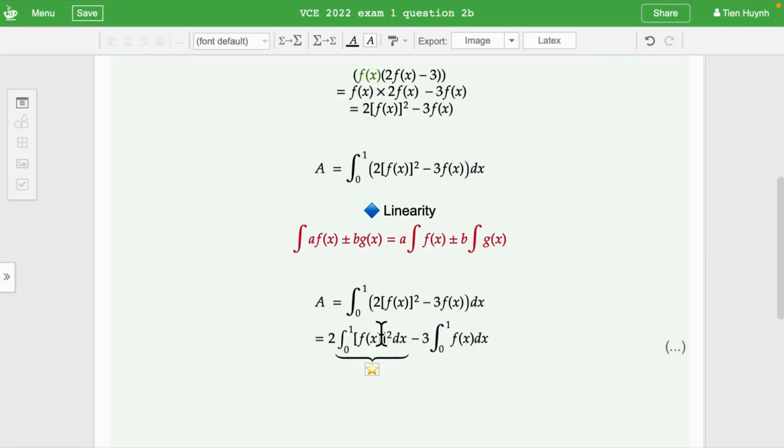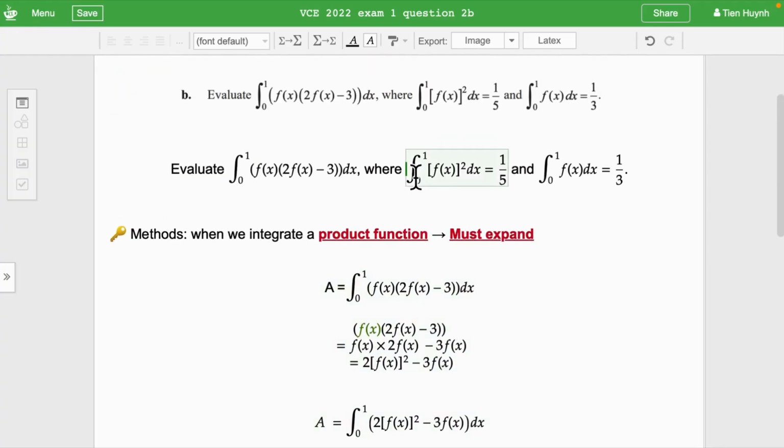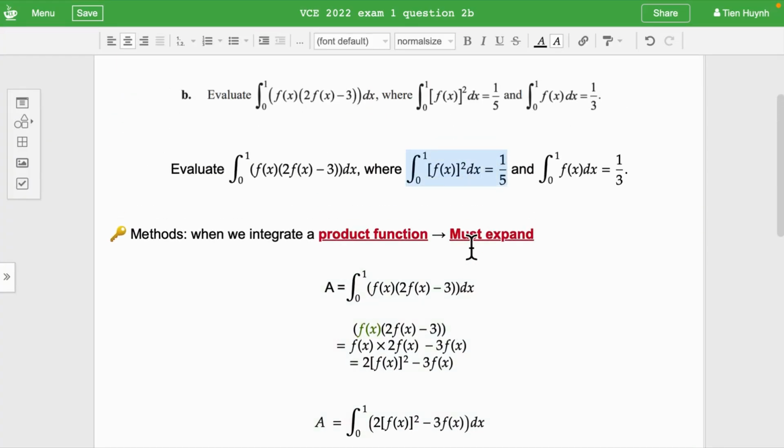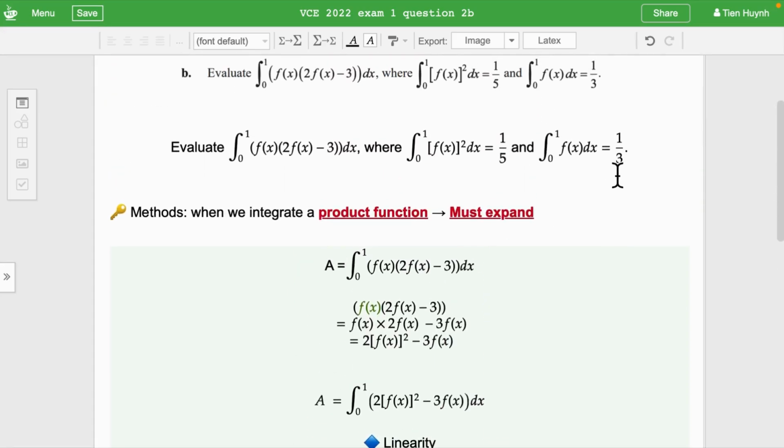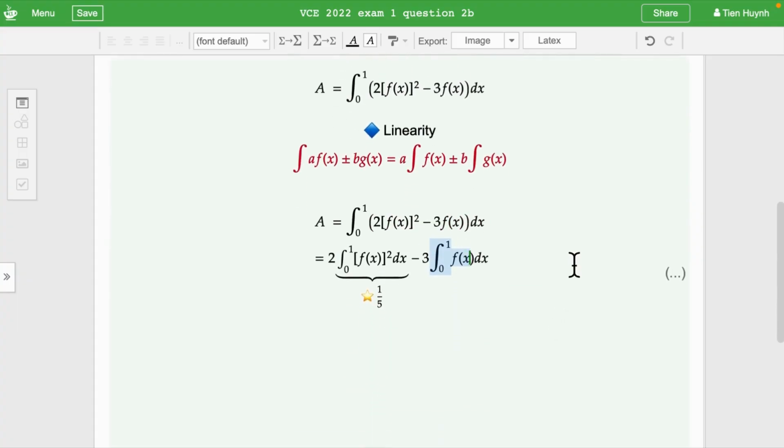Actually we do. When we look at the question, it is given to us that this is 1/5, so that definite integral's value is 1/5. And this definite integral is 1/3. So let's put everything together. We will have 2 times the fraction 1/5, and then minus 3 times the fraction 1/3.